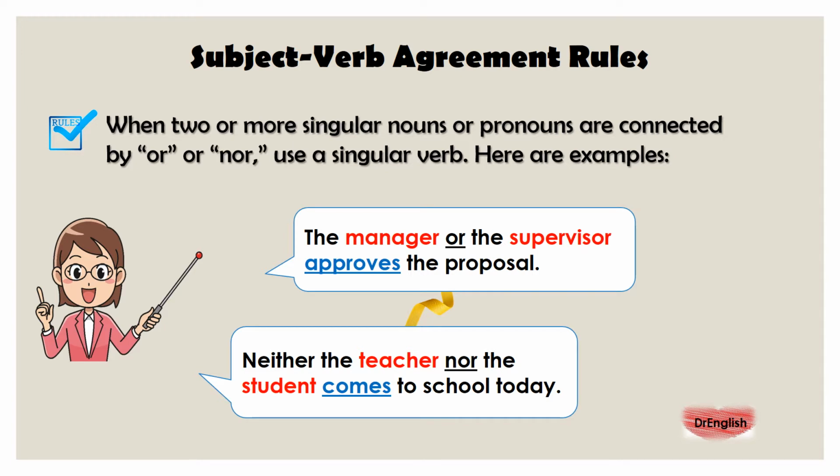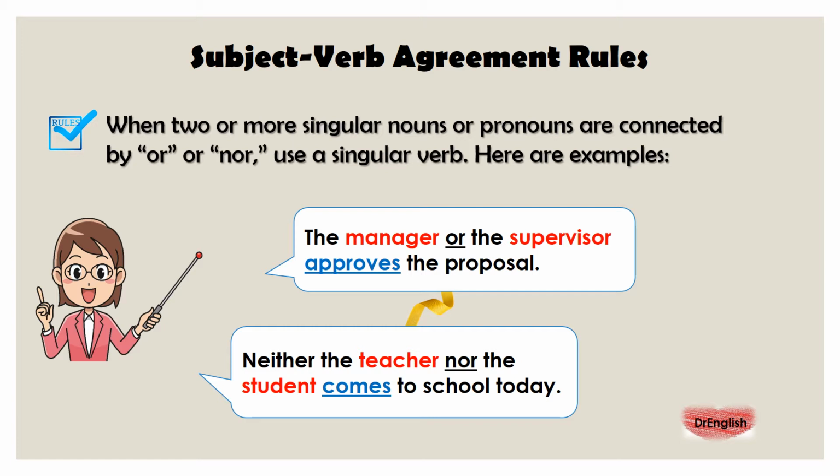Now, the second example, neither the teacher nor the student comes to school today. Again, we have two nouns, teacher and student, and both are connected by the word nor. Now, usually when we use nor, we pair it with neither.